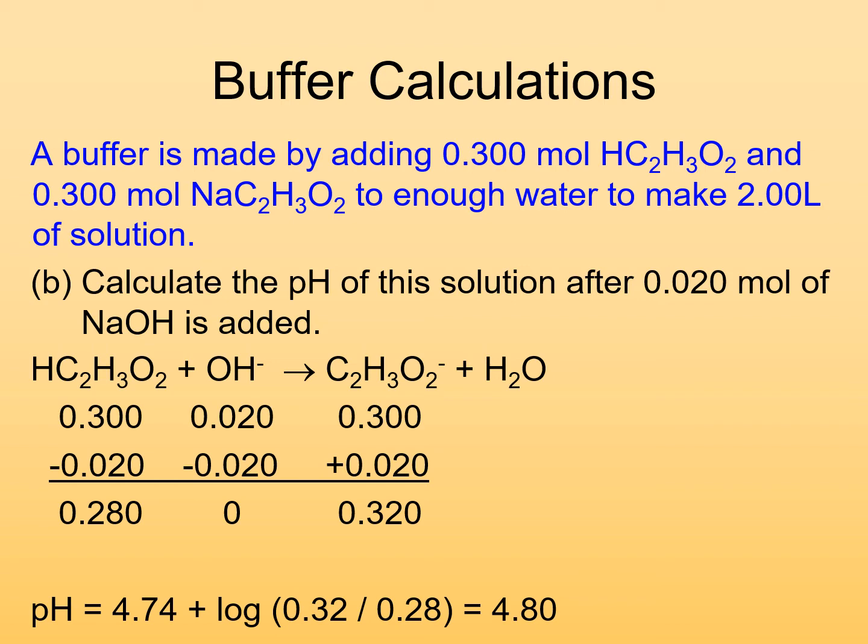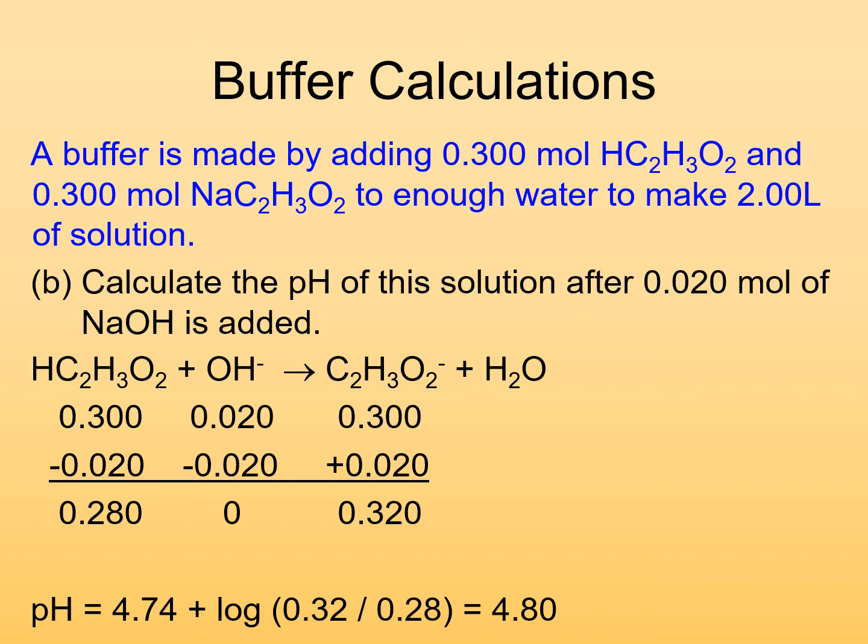And if you put that in the calculator, it gives you a pH of 4.80. So the pH did go up, but not very much. It only went up by 0.06 because that buffer was able to absorb that base. So the pH may go up slightly, but it's not going to jump a whole lot.